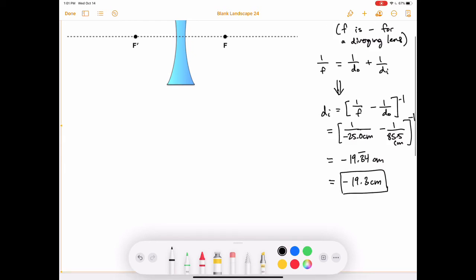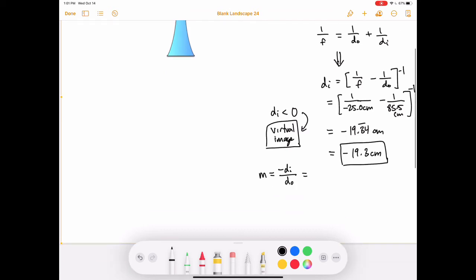So one thing we immediately can see is that di is negative, which implies that we have a virtual image. And then if we go ahead and calculate the lateral magnification m, which is minus di over do, this comes out to minus negative 19.34 centimeters.